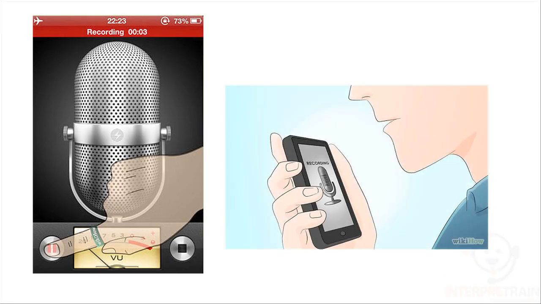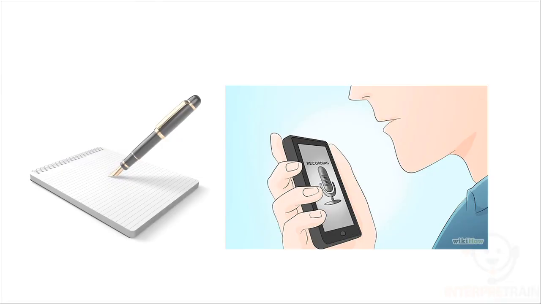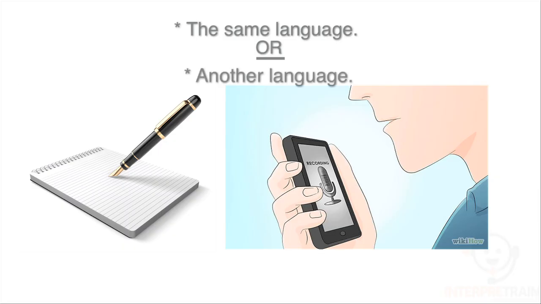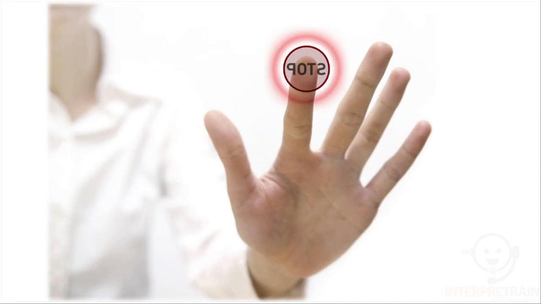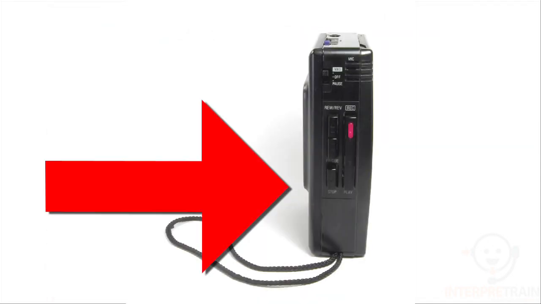When the audio exercise is over, push the record button and start recording your rendition. Look at your notes and use them to read the message out loud, either by repeating it in the same language or by interpreting the message into another language. The choice is yours. When you have finished rendering the message, hit the stop button on your recorder.